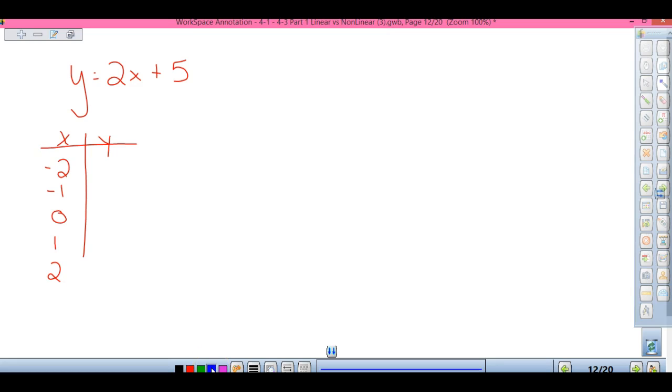So what do I do with these numbers? We plug them in for x. This is our equation we're going to use every single time. So we're going 2 times, what am I plugging in for x? -2 plus 5.